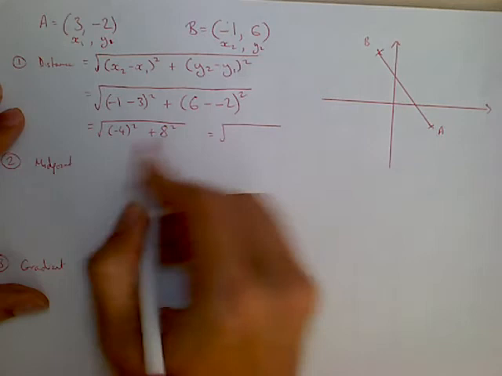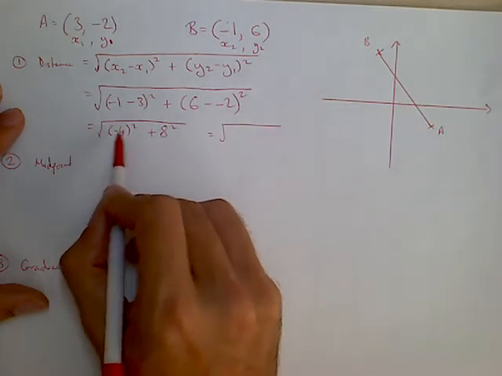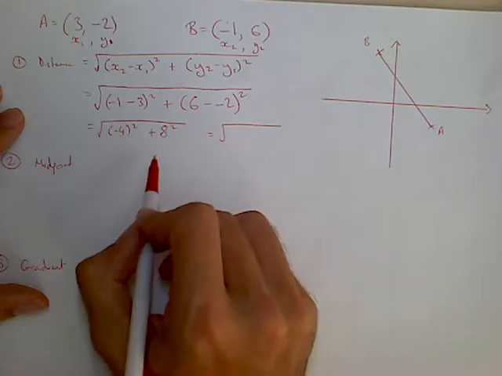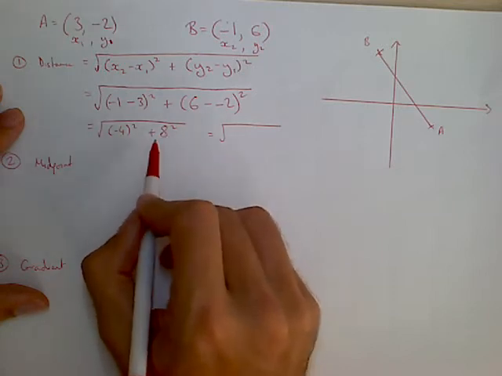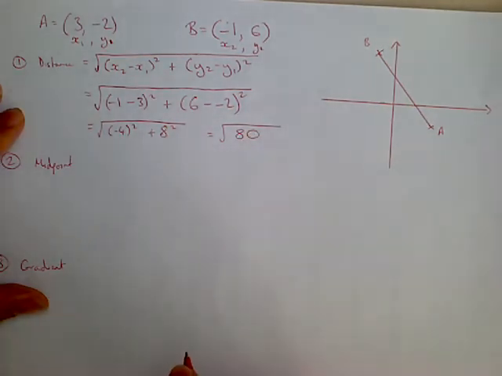Just move over to here, so what have I got? 16, so minus 4 squared, negative times negative is positive, so 16 add 8 squared is 64, so 16 add 64 is going to give me the square root of 80 for that one.